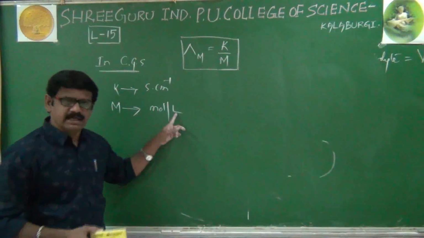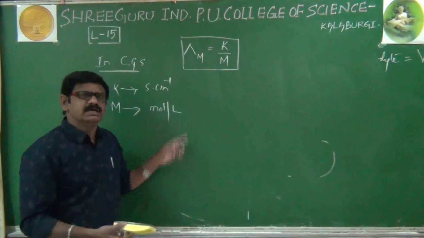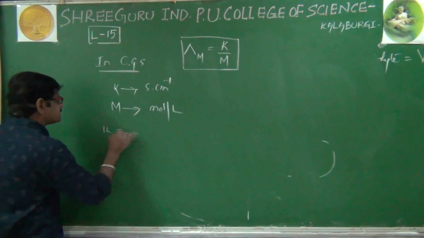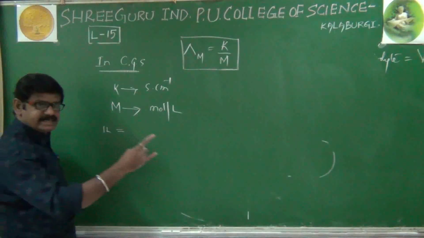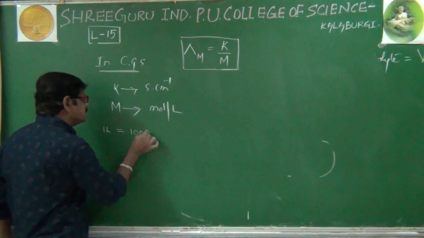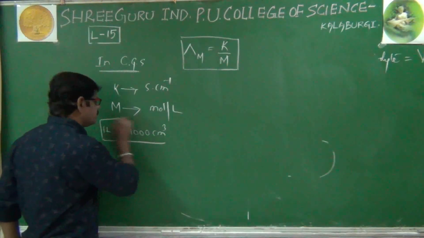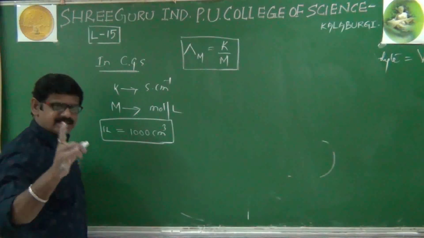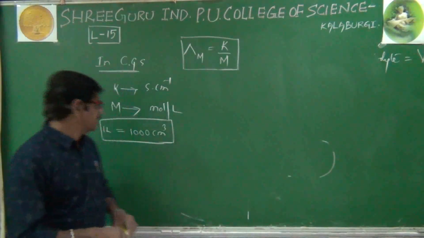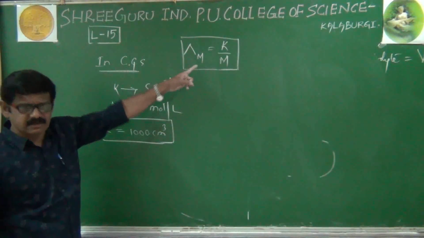Therefore, this liter will be converted into milliliter, or into centimeter cube. Therefore, 1 liter is equal to, already known to you, 1000 milliliters. We can write 1000 milliliter, or centimeter cube, because 1 milliliter is equal to 1 centimeter cube.